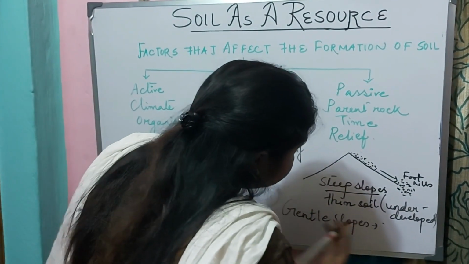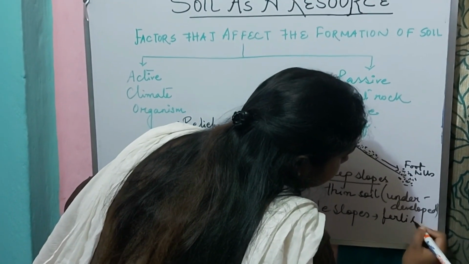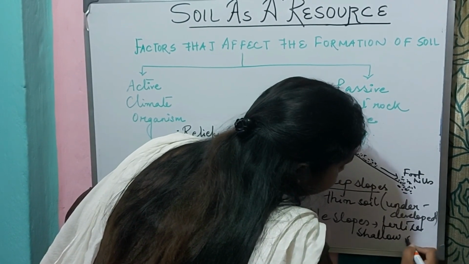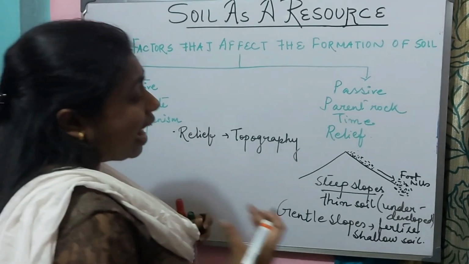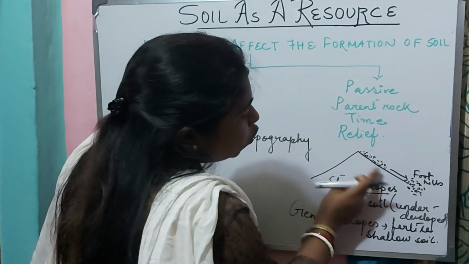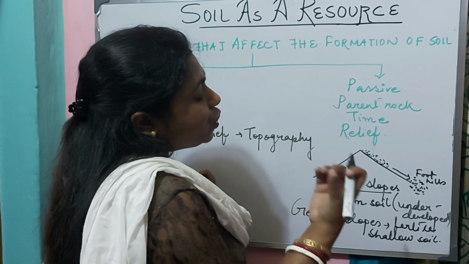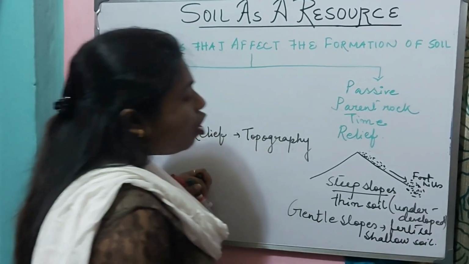So, the gentle slopes will have much fertile, shallow soil. Why? Because it is getting much time to develop. Whereas for the steep slopes, the water will erode the soil. Means it has more potentiality to erode, and thus the soil gets accumulated at the foothills.